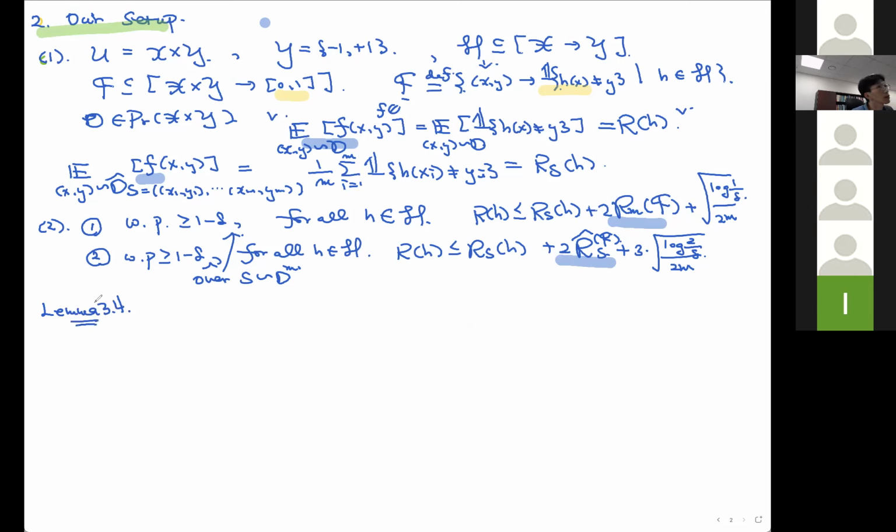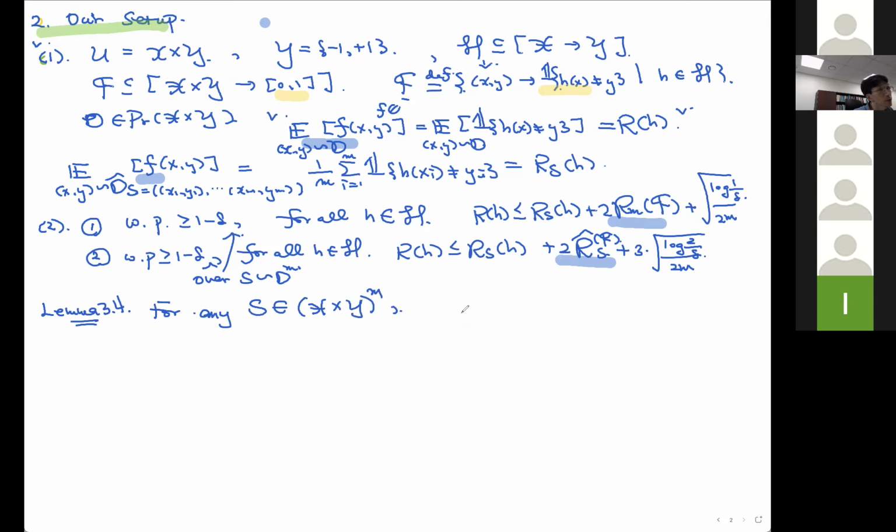So in the setting that I described so far, which is output between -1 and +1, the following is true for any sequence of examples, which are input-output pairs.